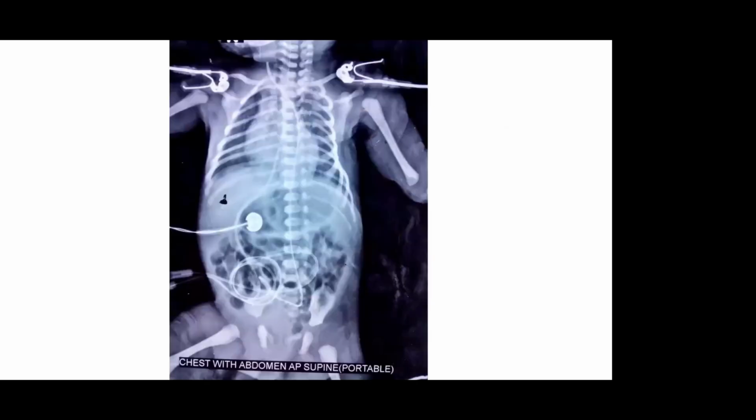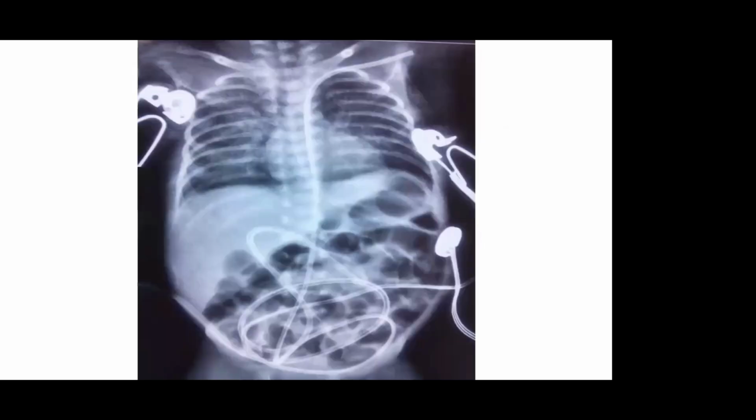Okay, so this is an overenthusiastic me who has put the UVC, also over-inserted, that has gone into the atrium. And my UAC has traveled from the descending aorta to the arch of the aorta to the internal carotid. Wow.